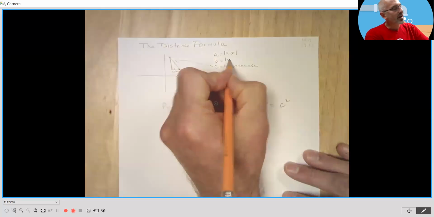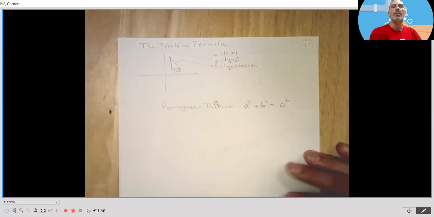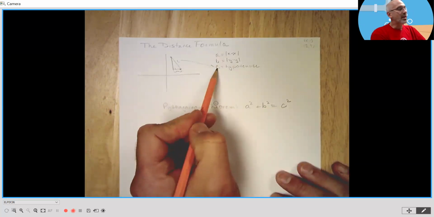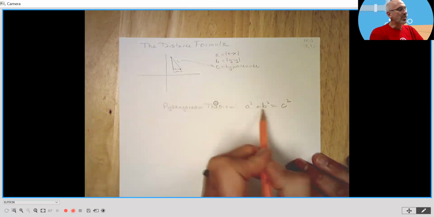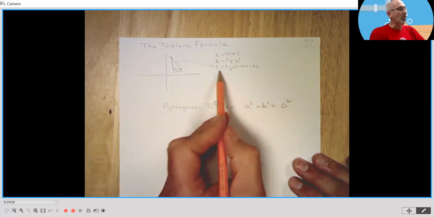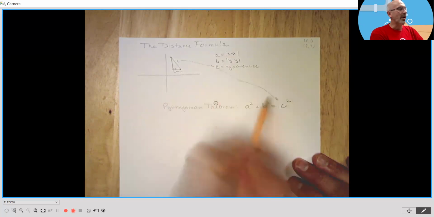We subtracted them and then took the absolute value. Remember, we could subtract them in any order and then take the absolute value, and we got a positive. So that was our A and our B. Then we used the Pythagorean Theorem to find out what C was.